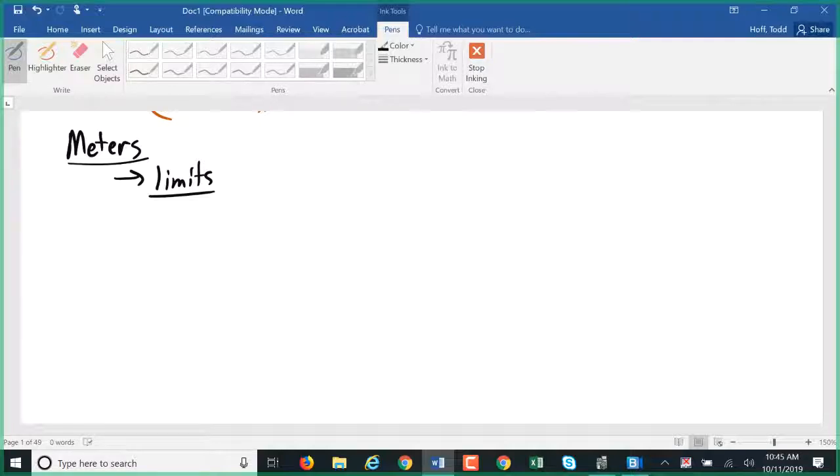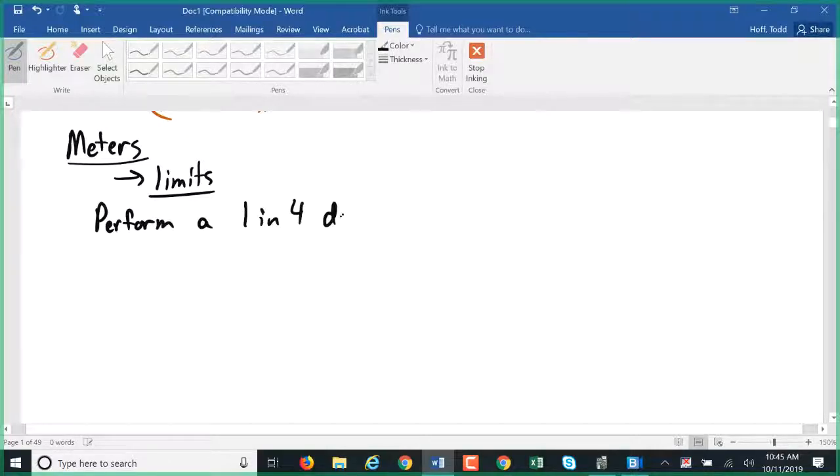So if the level of blood sugar exceeds that limit, our options for testing pretty much are to find a different meter or to dilute the blood. So let's say that we have a case where that blood exceeds the meter's limits. So we perform a 1 in 4 dilution of that blood in a neutral solution, sterile water.